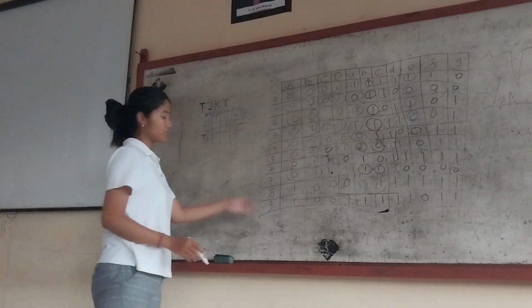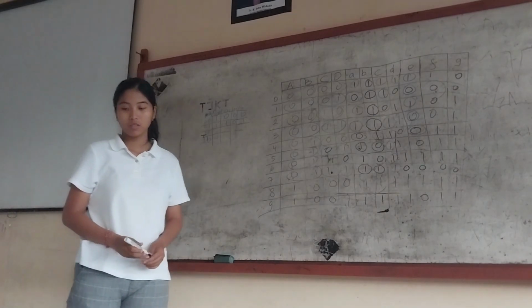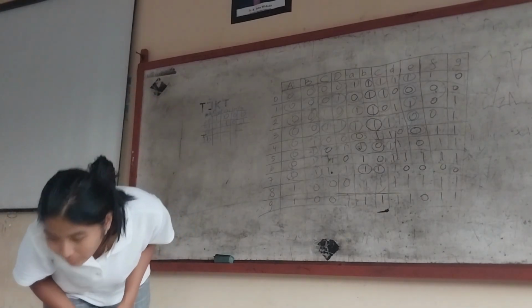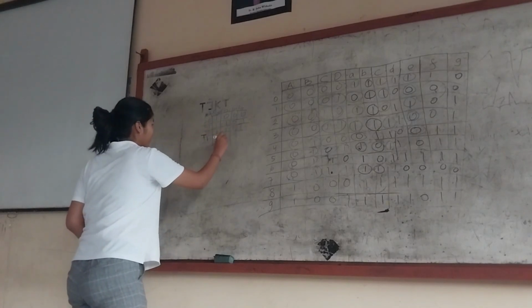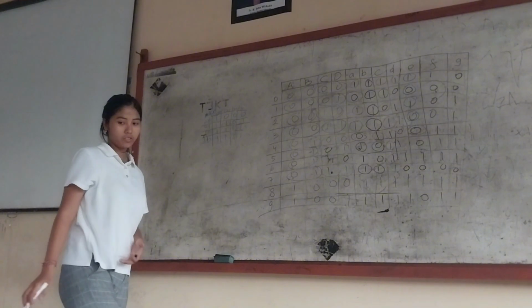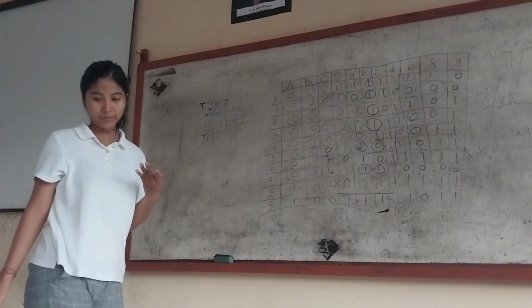So guys, same, I will show in the example. According to Logisim, in here we have 4 things or 4 groups.